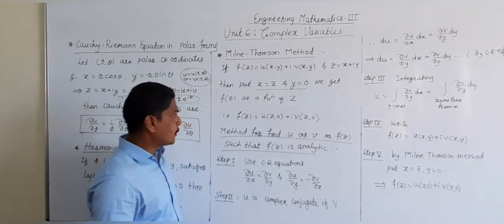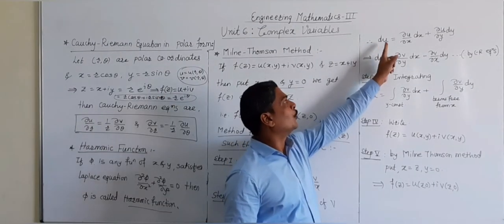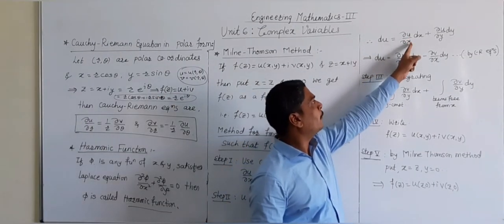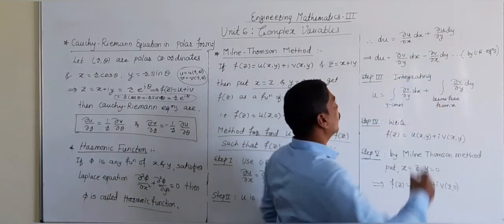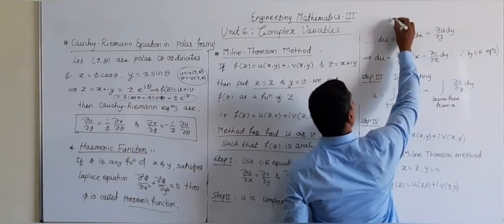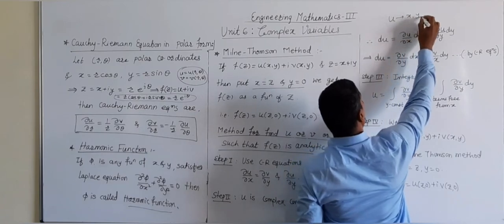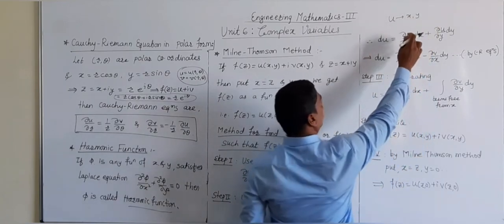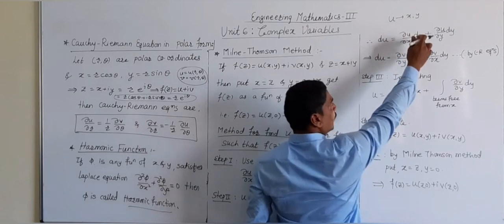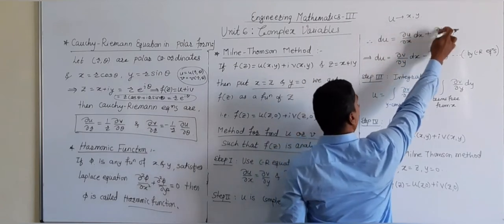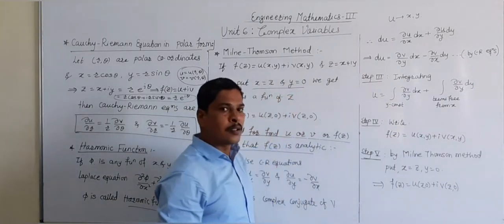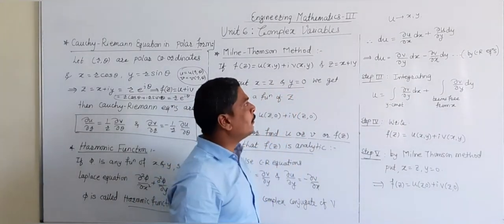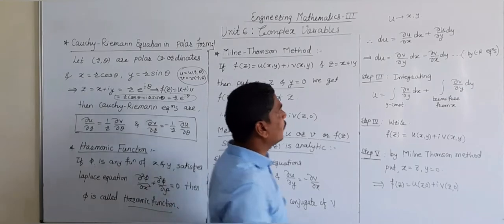So in that case, du is equal to dou u by dou x dx plus dou u by dou y dy, because we know that u is a function of x and y. So the derivative of u becomes the derivative of u with respect to the first variable x times dx plus the derivative of u with respect to the second variable y times dy. Suppose our requirement is to find phi and u is given.